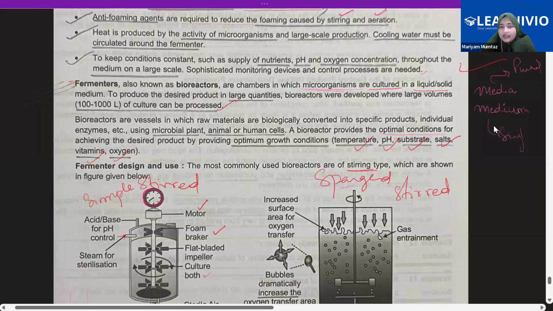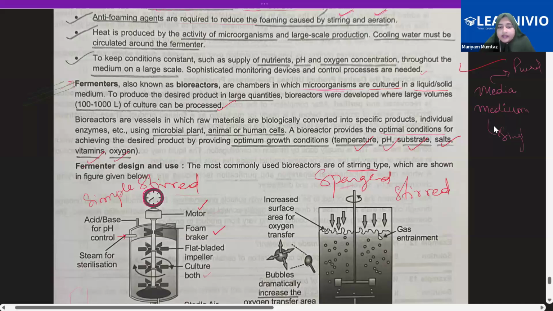So we'll start with NCERT first, because your NEET examination is going to be NCERT based only. So you must be clear with the NCERT, then only move on to any kind of reference book or reference questions. So we'll first do the biotechnology through NCERT and then we'll move on to different questions.